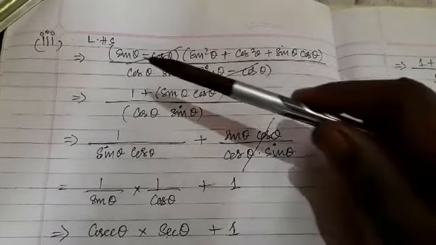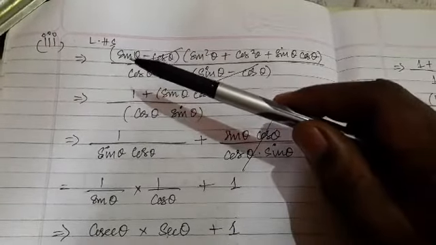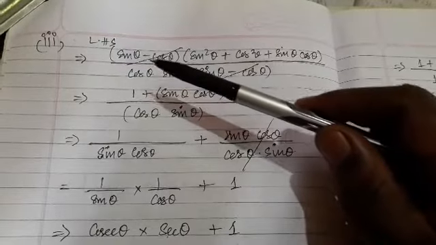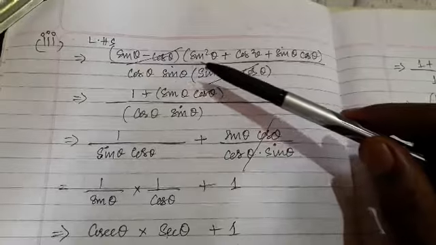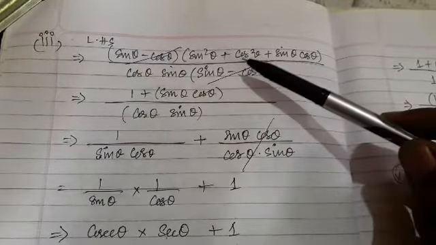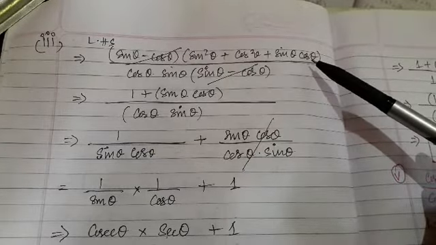So a cube minus b cube is what? a minus b, a is sin theta, b is cos theta. So sin theta minus cos theta bracket sin square theta, b square is cos square theta, and a into b, sin theta cos theta, in that form I have written.